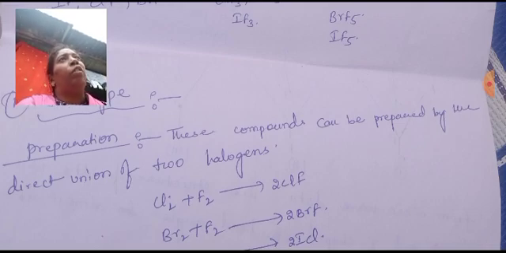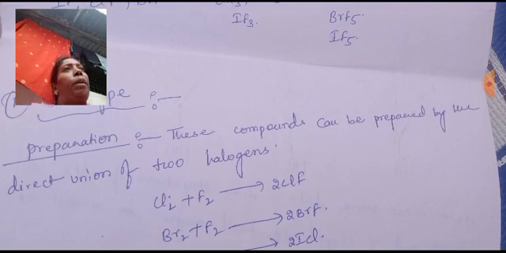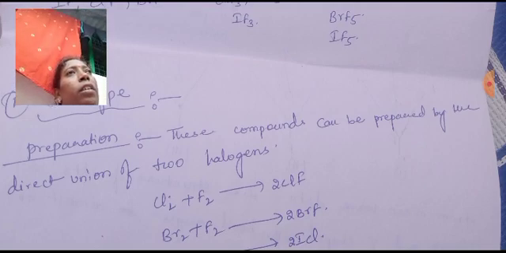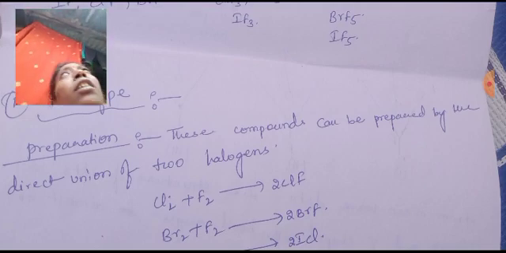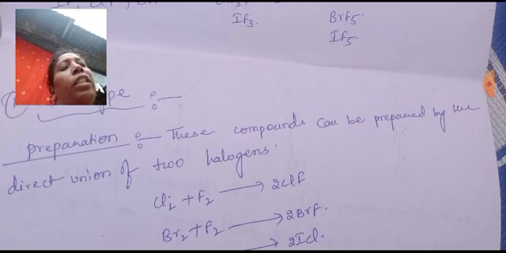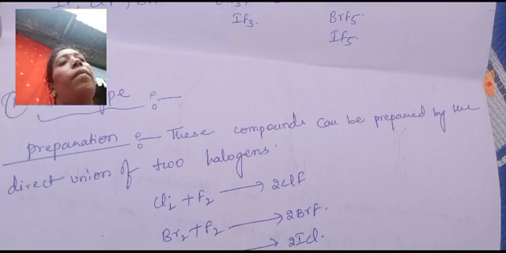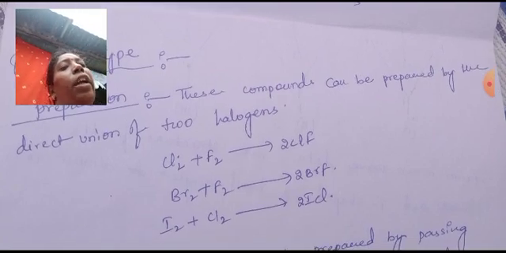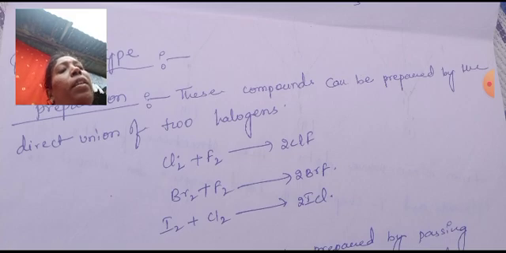When you add one halogen to the other halogen, you get the product in AX form. You can see the reaction here: Cl2 plus F2 giving 2ClF, Br2 plus F2 giving 2BrF, I2 plus Cl2 giving 2ICl.